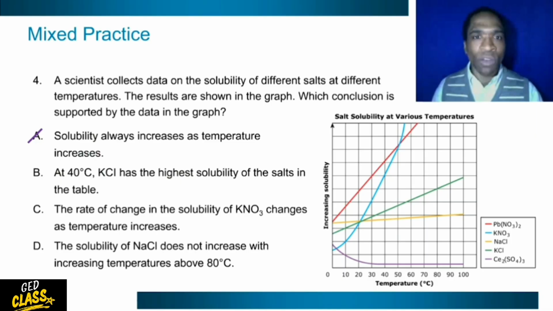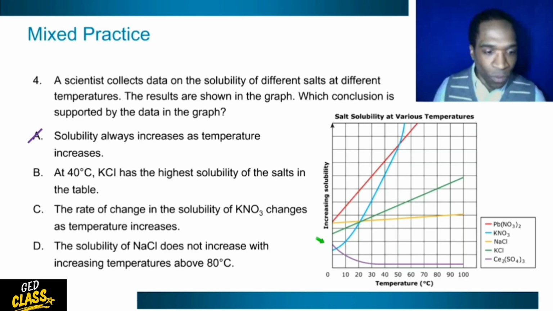Okay, so this is how you would start to find your way through these answer choices with the given data in this line graph. So now let's check choice B now that we've gone through A carefully. According to B, KCl should be at the highest point in the graph along the 40 degrees Celsius line.